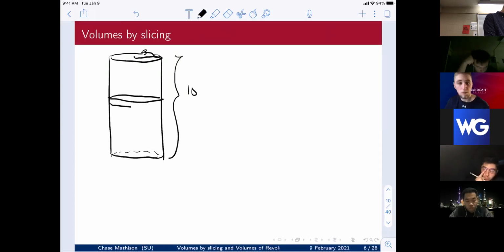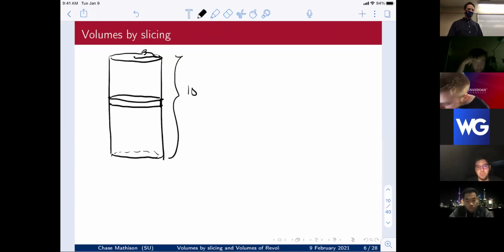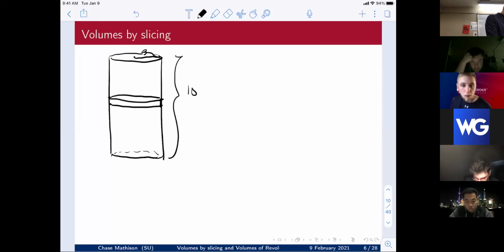So I'm going to take this little sliver of this thing. When I take this little sliver and I'm cutting this perpendicular to the height, I'm going to take a little sliver where the width of this sliver, I'll call it delta H.